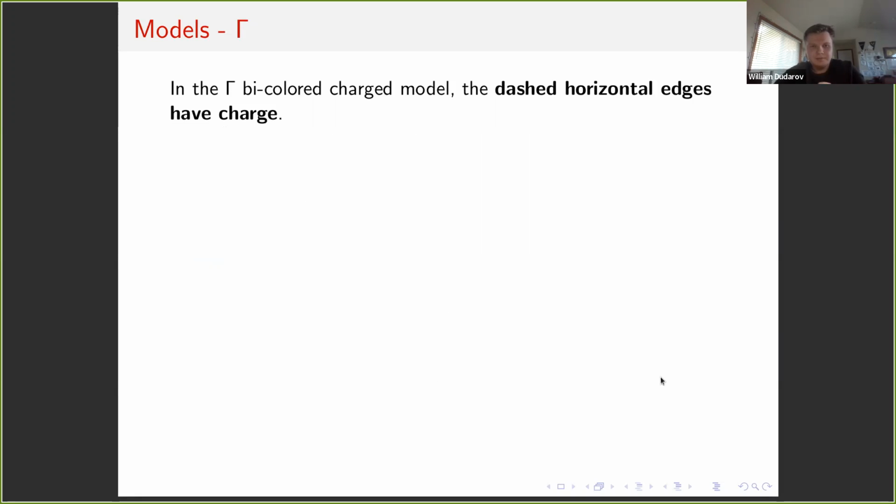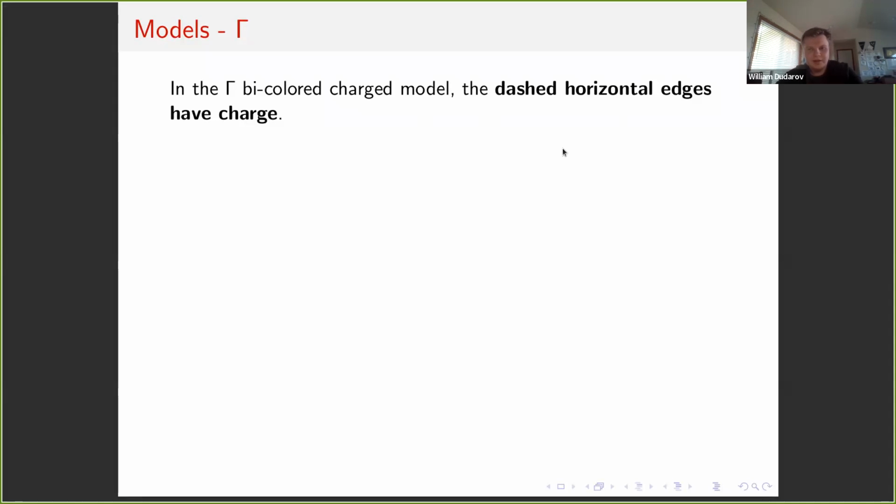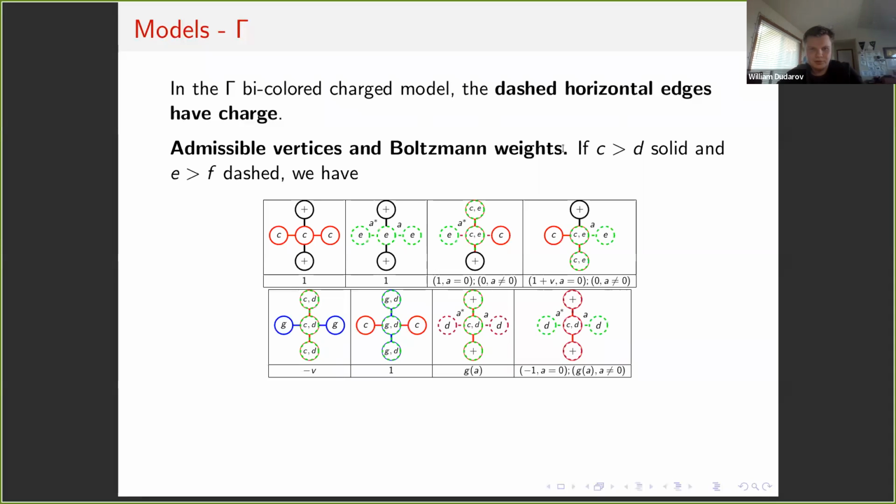And so in the gamma bicolored charged model, the dashed horizontal edges have charge. There's something in the chat, maybe worth mentioning, that H gamma dash. Yes, that's correct. The dashed horizontal edges in these models have charge. So here are the admissible vertices and Boltzmann weights.